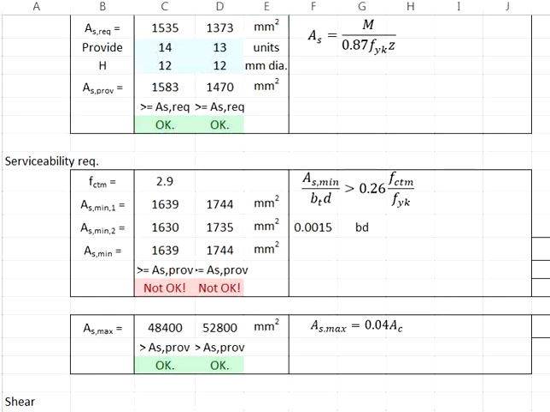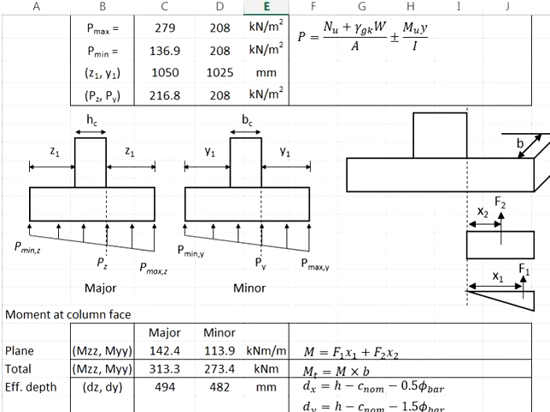Let us first deal with the As maximum. As maximum is defined by 4% of the cross-sectional area of that particular section. For the reinforcement in the major axis, your main reinforcement, it will be here. Now your cross-sectional area, it will be this.